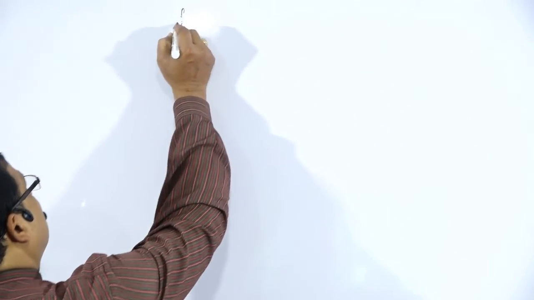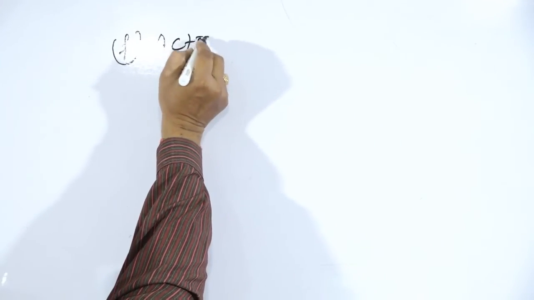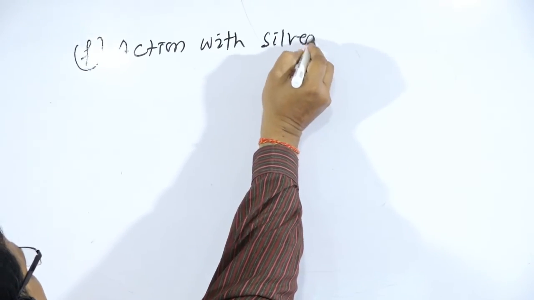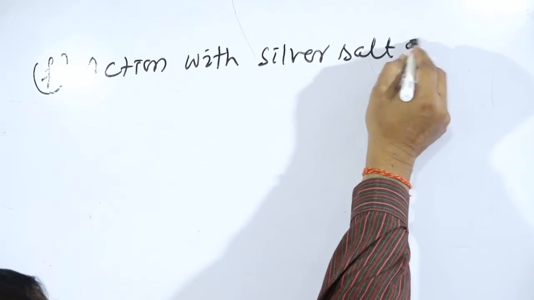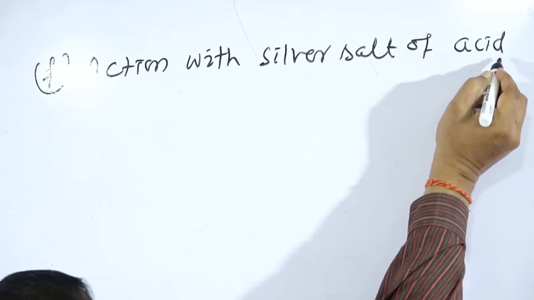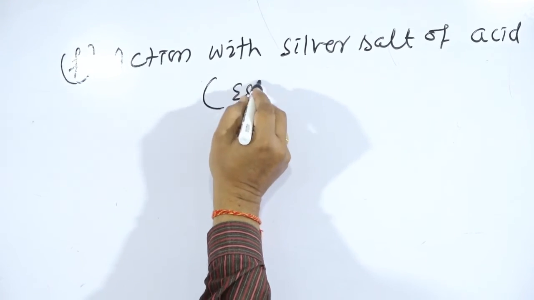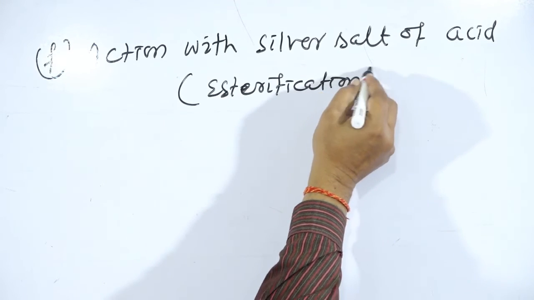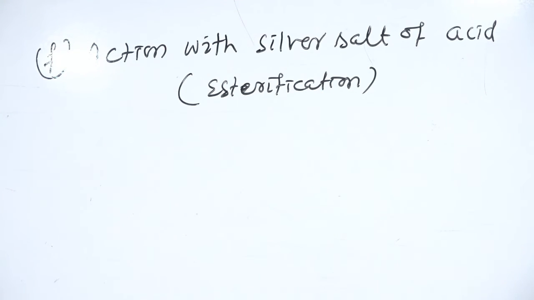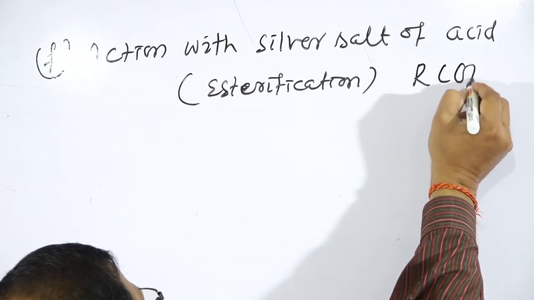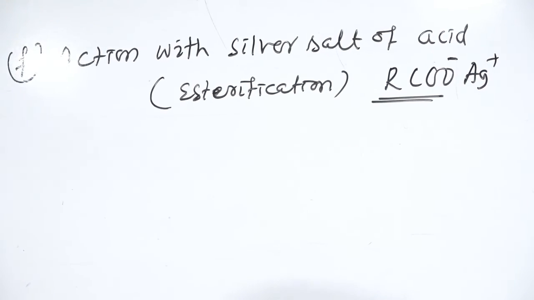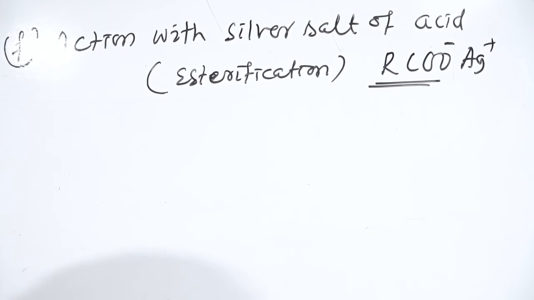Reaction with the silver salt of an acid is esterification, that is, formation of an ester. The silver salt of the acid is RCOOAg, that is Ag+ and RCOO-. This will act as the nucleophile. So in this case, there is the formation of that ester.